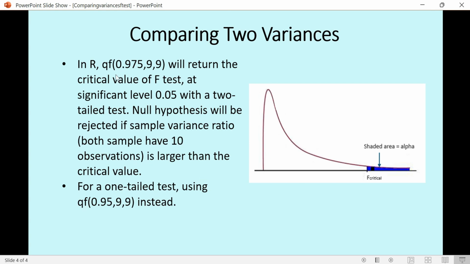In R, for the first method, we can use the qf function. What is qf? q means the quantile, and f is for the F distribution. The quantile is actually this critical value. If we set 0.975, this means the left side, the white area, of the critical value.